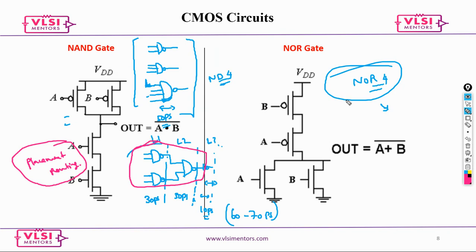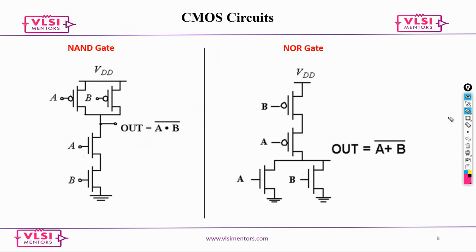Now you guys are going to explain the NOR gate here. Okay, the NOR gate equation is this. Now remember, A dot B means it is a kind of series.